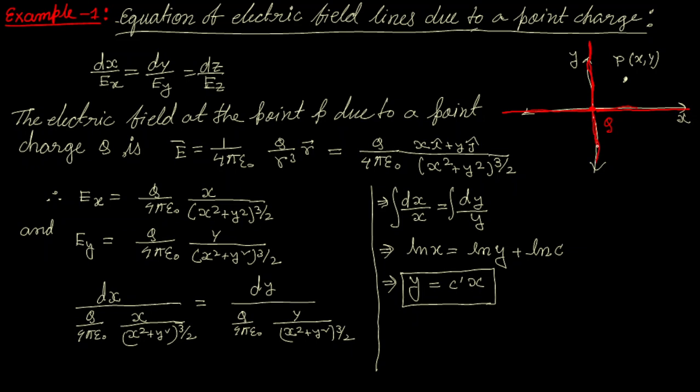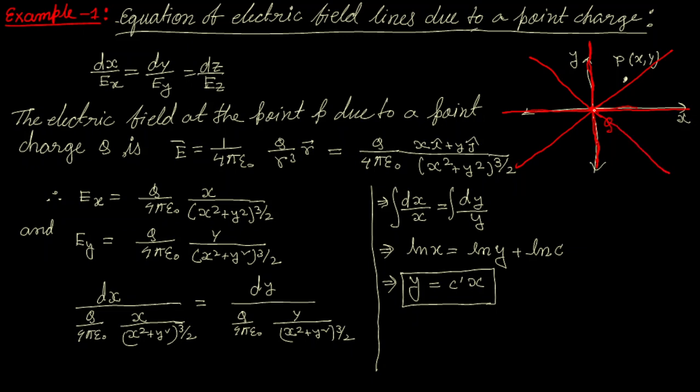And then if we put, say, c prime equal to 1, then we'll get y is equal to x. So it will be like this, and in the opposite direction it will be like this. And then if we put c as some value, let's say -1, then we'll get a line like this, and in the opposite direction also like this.